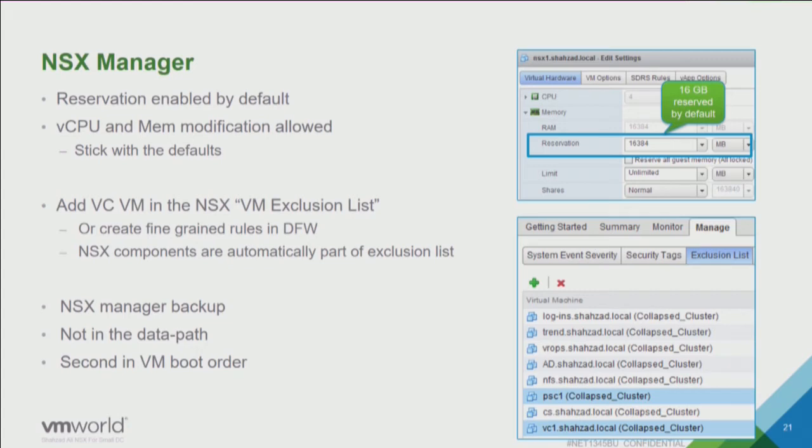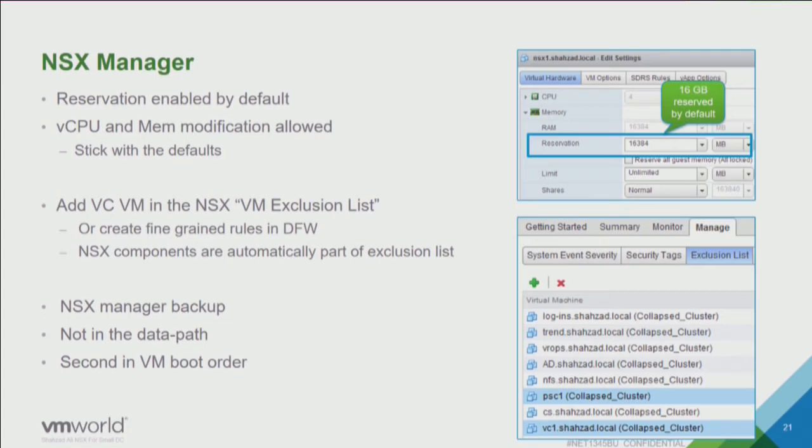So what this means, when we're looking at this slide here, our NSX Manager has 16 gigs of memory reserved by default. That means that we're literally going to take 16 gigs of memory from that host, and we're not going to let any other virtual machines use it. That is dedicated to that NSX Manager. It's reserved, right? So it's important that we understand how many resources we have in a cluster and how much we're guaranteeing to our virtual machines.